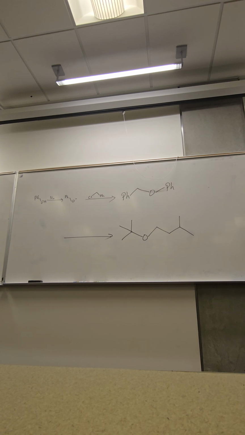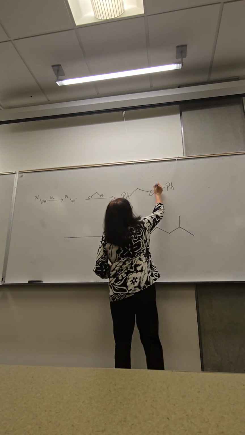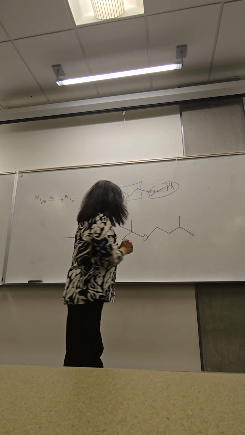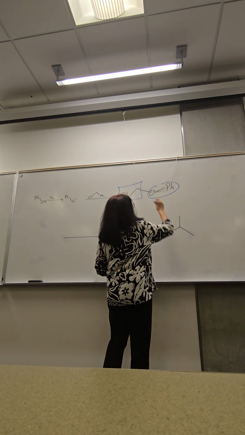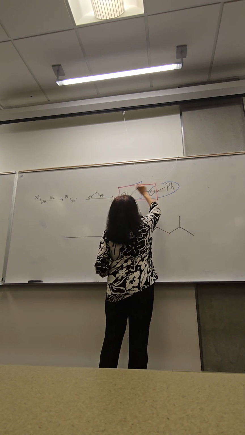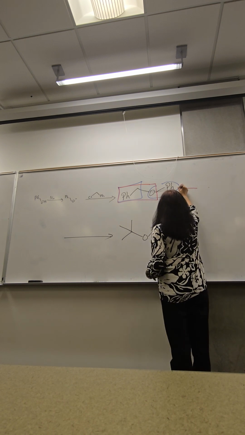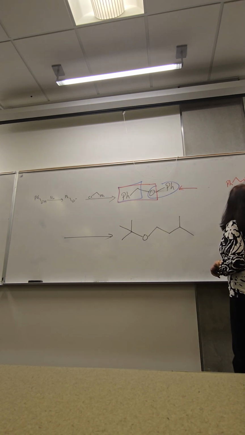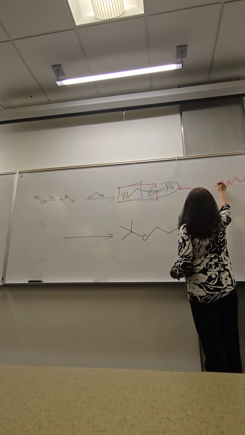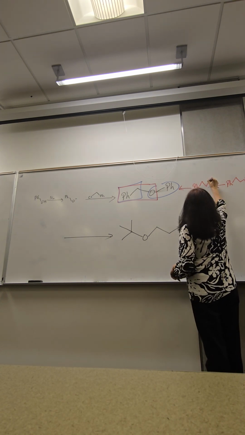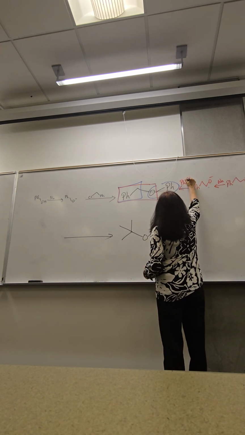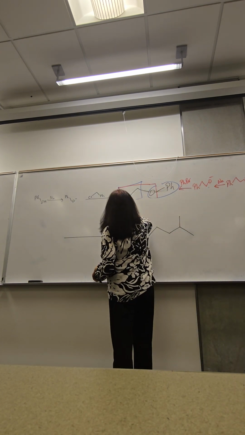Now, here's a point though that I want to ask you. Why did we make this the alcohol and this the electrophile? Could we have made this the alcohol? In other words, could I have done this alcohol deprotonated, O minus, and then used the other bromide to make the same ether?